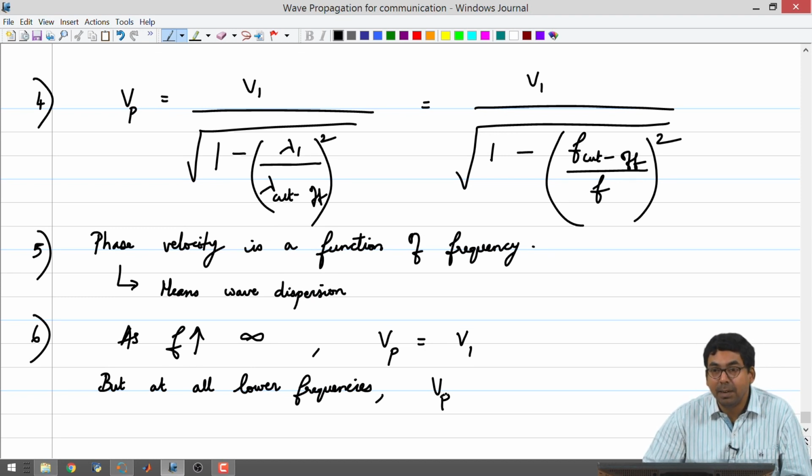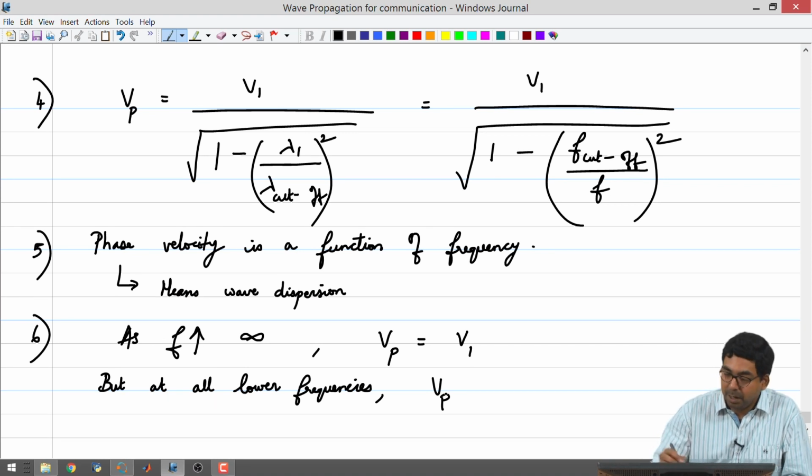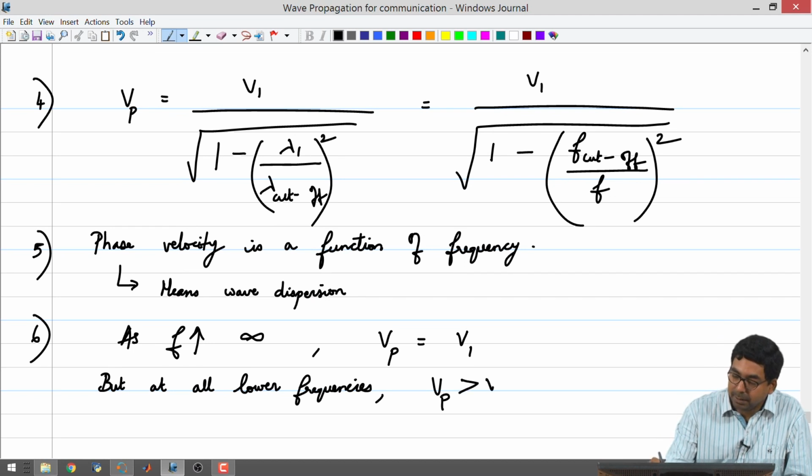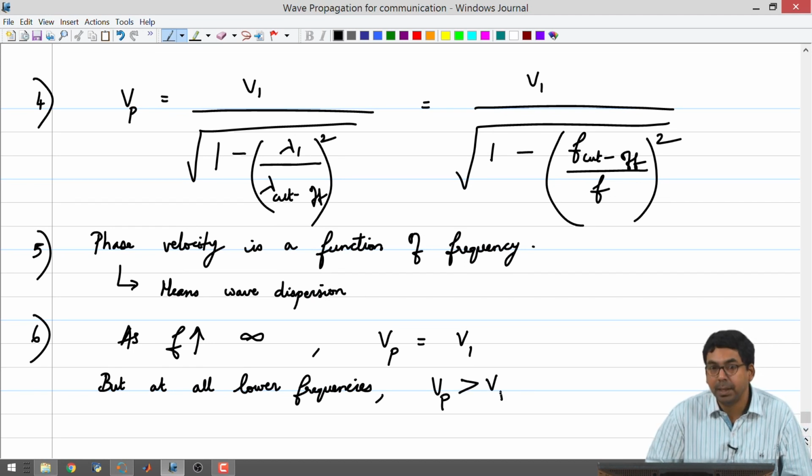It is V1 divided by square root 1 minus some quantity, okay, which means that your denominator is going to be less than 1 and your Vp is going to be greater than V1, all right. That is the reason I want to make a clear distinction with the phase velocity in the case of the waveguide. The phase velocity looks like it is going to be greater than or equal to V1, okay.